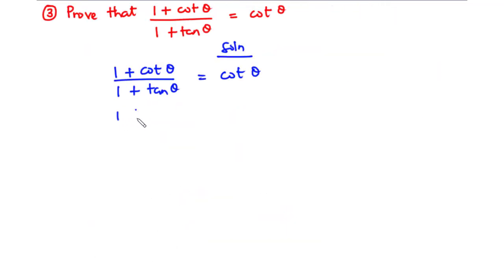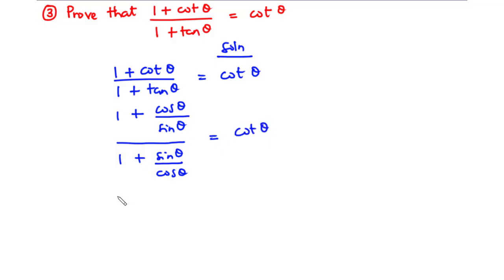Therefore, 1 plus cot theta becomes 1 plus cos theta over sin theta, and then we have this all over 1 plus tan theta, which also becomes 1 plus sin theta over cos theta, and this is equal to cot theta.